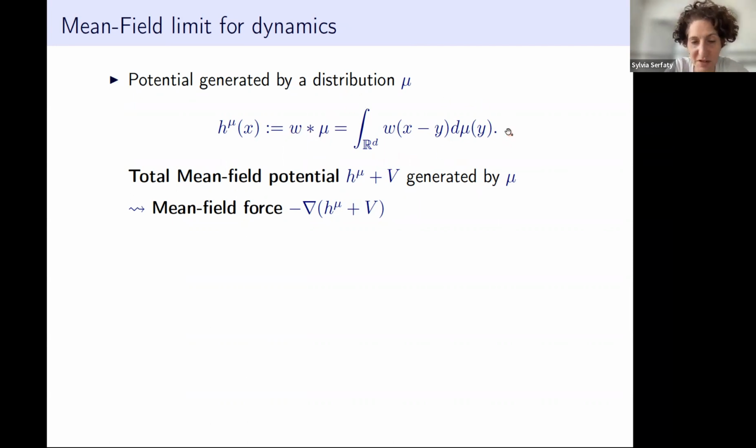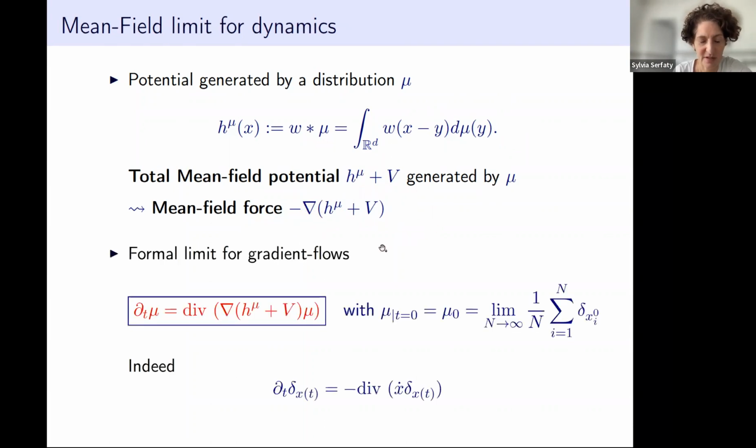So physically, it really has this meaning of a potential, like an electric potential, for instance, if W is Coulomb. And then the total mean field potential that's generated by mu will be the sum of this h mu plus the external potential V. And the mean field force then is minus the gradient of this total potential.